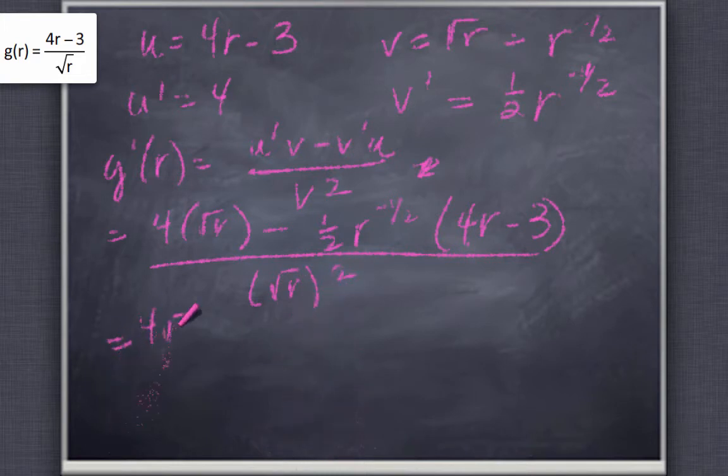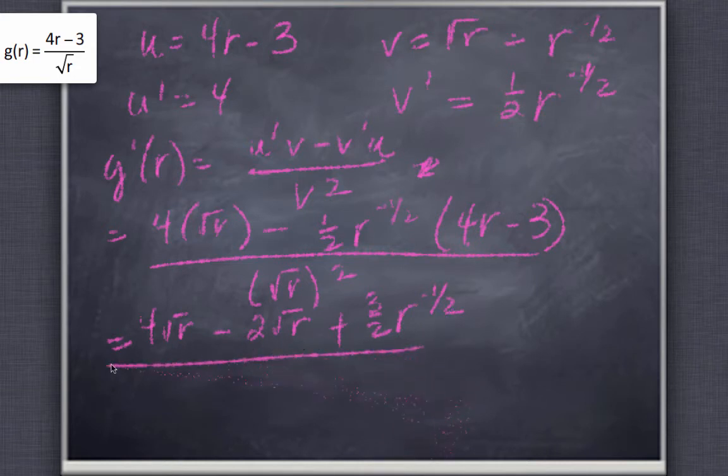So 4 root r minus 1/2 times 4 is 2. r to the negative 1/2 times r to the 1 is root r. So 2 root r. And then minus 1/2 times negative 3 is plus 3/2 r to the negative 1/2.